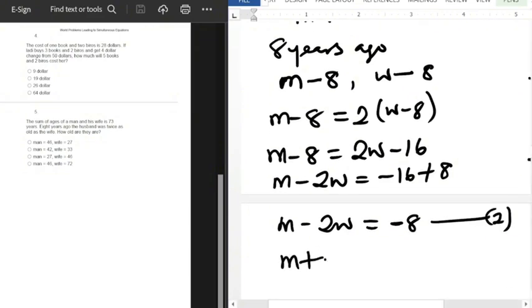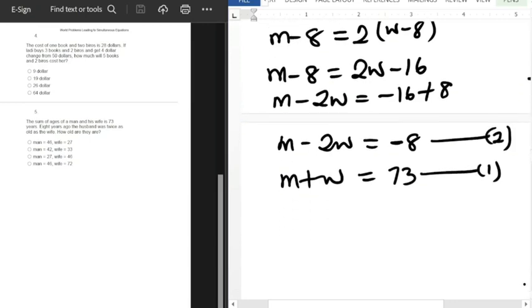So let's bring the two equations together. M plus W equals 73, this is equation 1. Let's solve them together and see what we're going to have. We can use the elimination method as well. So we subtract this from this. That gives 0 for M, and then 2W minus W, that's minus 3W equals minus 8 minus 73, which gives us minus 81.